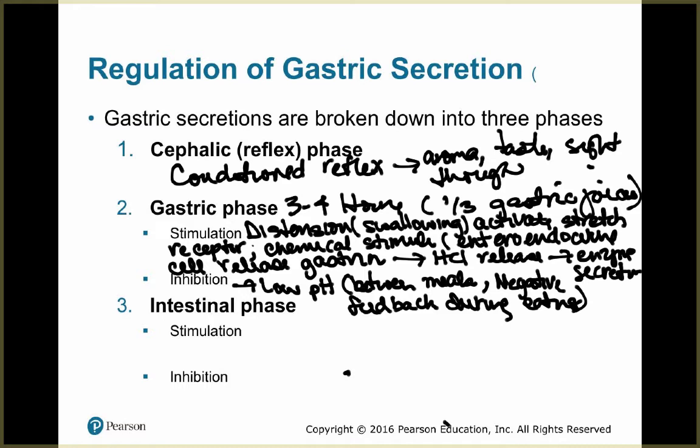Well, that's all fine and good, but it's going to cause a decline in your pH, which will inhibit gastrin secretion over time. So those are two things. Basically, an inhibition of gastric phase is mostly based on low pH, right?